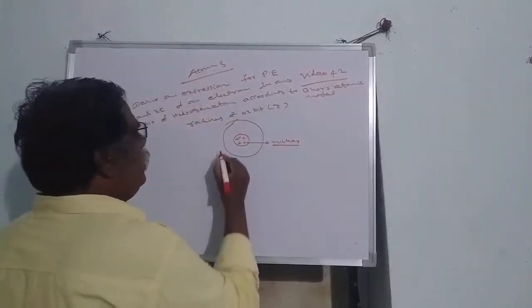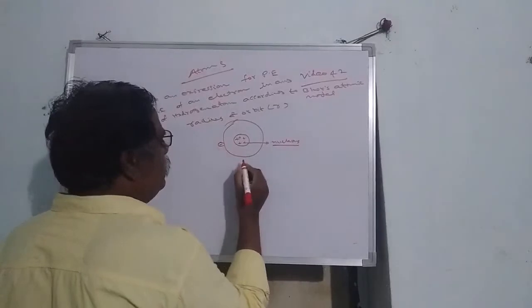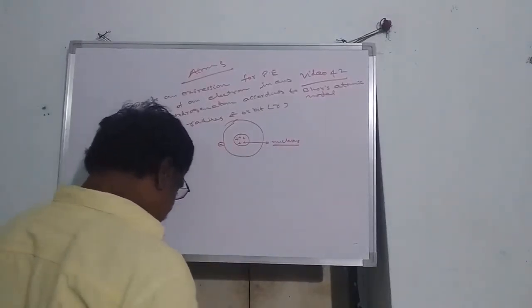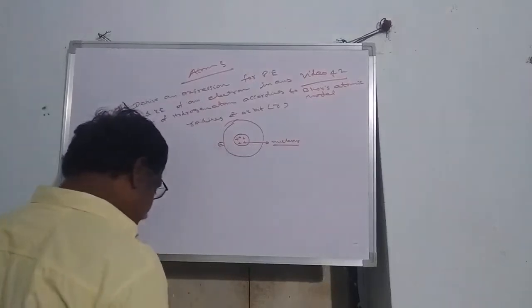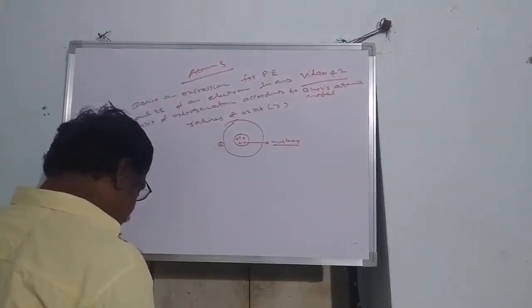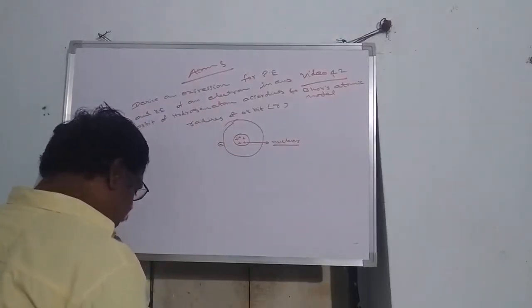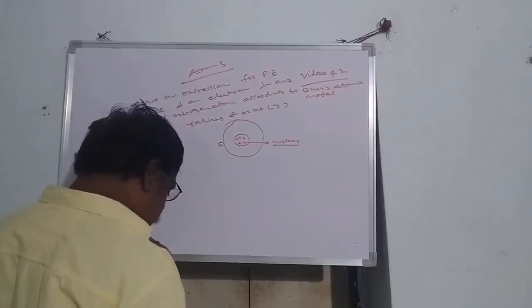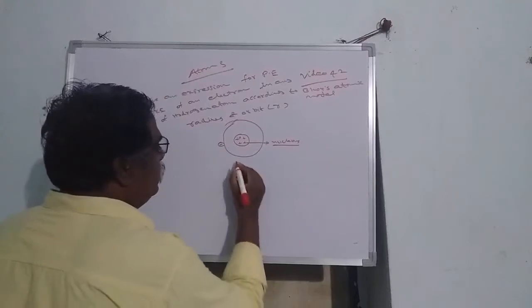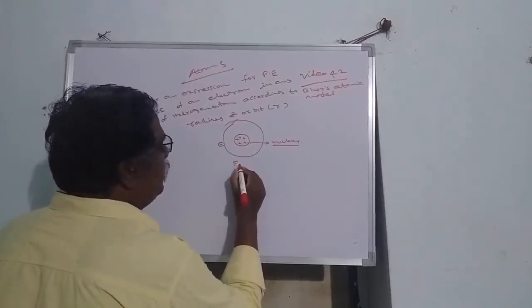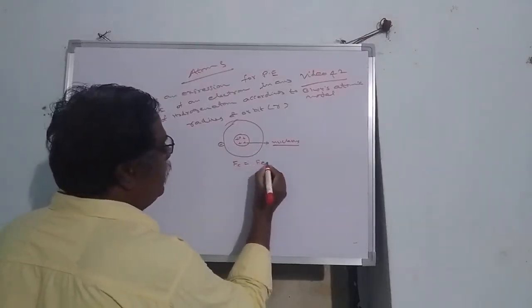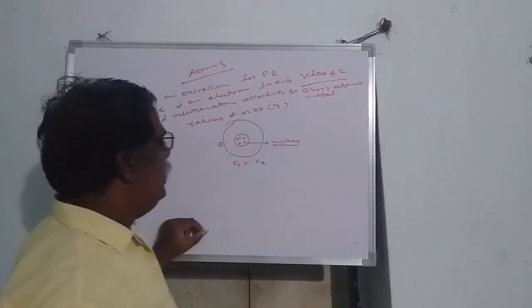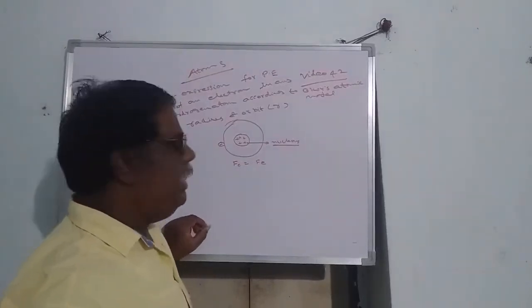When the electron revolves in this orbit, the force of attraction on the revolving electron provides the necessary centripetal force to keep it in its orbit. So that means in equilibrium position, centripetal force is nothing but the electrostatic force applied by this nucleus, Fc and Fe.